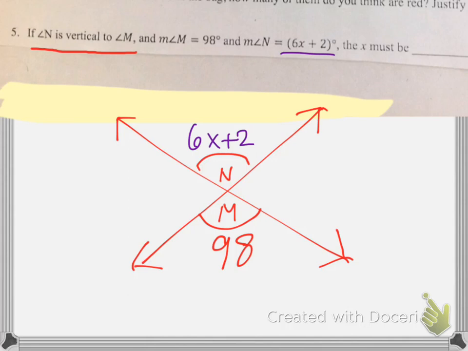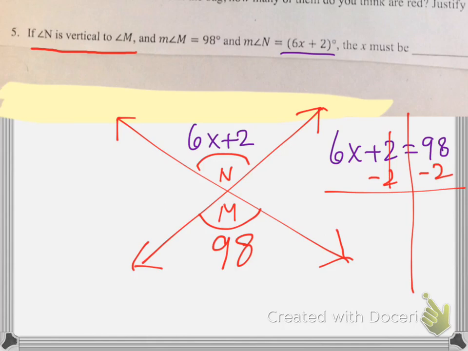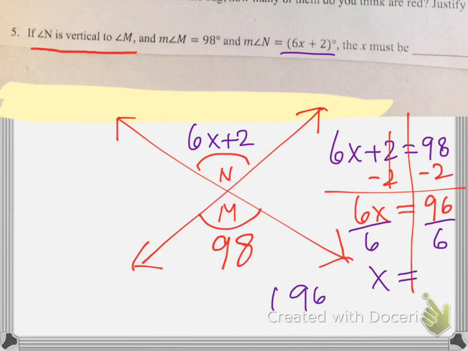So I guess we can just set those 2 equal. 6x plus 2 equals 98. The not so close friend leaves first. 6x equals 96. Divide both sides by 6. And x equals, let's see, 96 divided by 6 is 16. Okay?